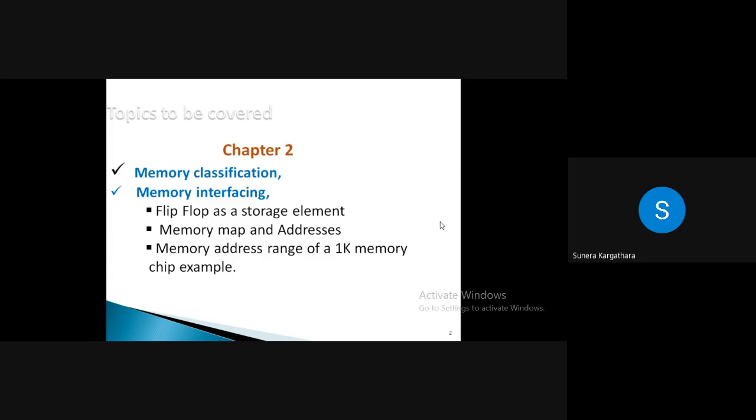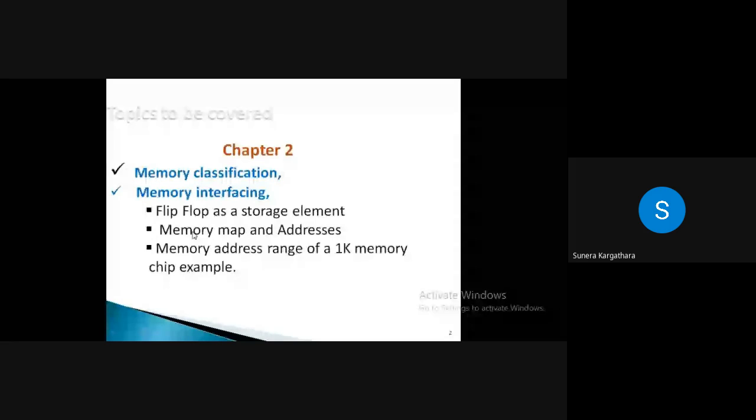Yes or no? Right now, suppose I say I want to store bit 0 or 1. You have already studied in digital electronics which device can be a basic unit that will store only one bit. Make it fast, students. Have you heard the name flip-flop?